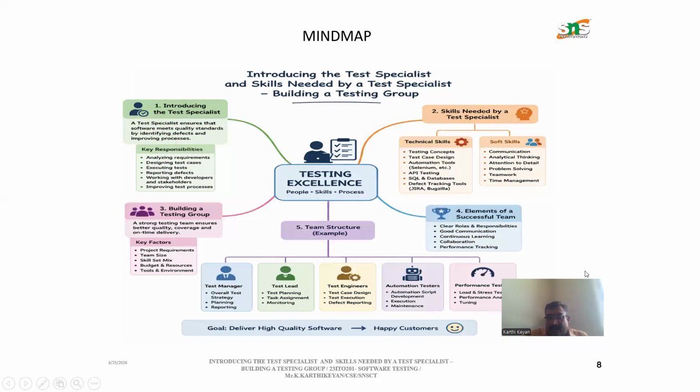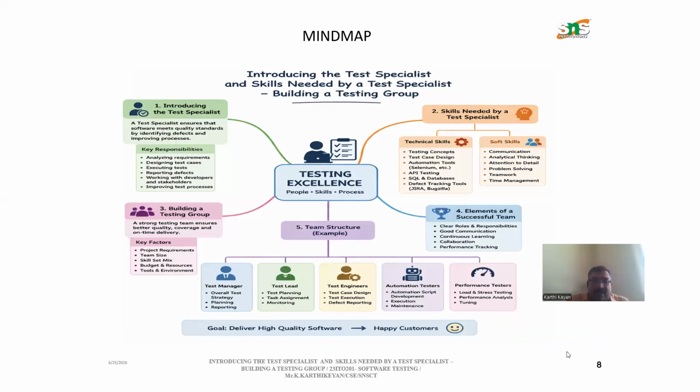So this is my mind map. The mind map is available now, so students can easily understand what's going on: introducing the test specialist, skills needed by a test specialist, and building a test group. First is the test specialist and key responsibilities. Second, the skills needed by a test specialist, technical skills or soft skills. Third, building a test group based on key factors.